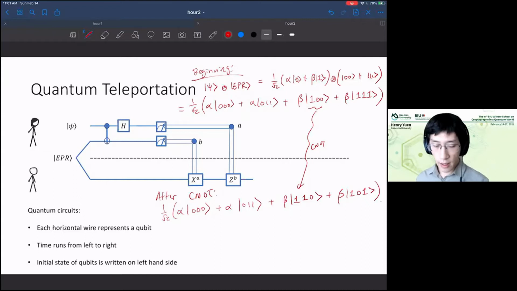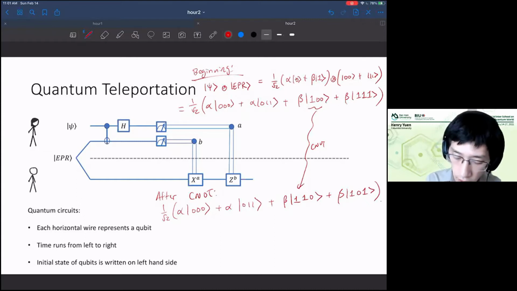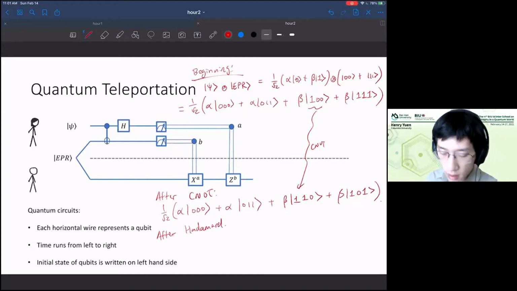All right, so that's after the C0, and now let's compute what happens after we apply the Hadamard. So we just now apply a Hadamard to the first qubit again. So then we get 1 over square root 2 alpha. The 0 state turns into the plus state.